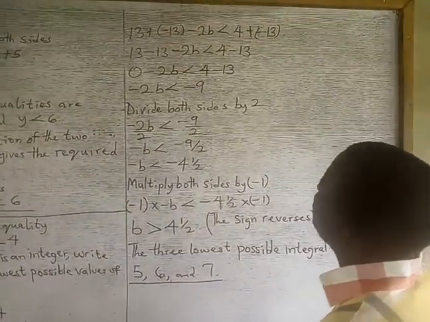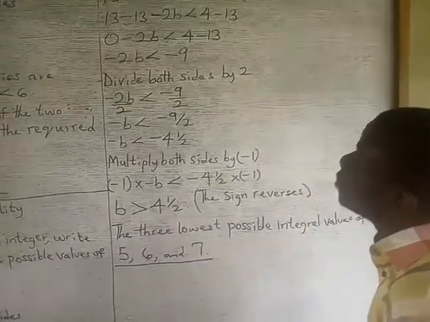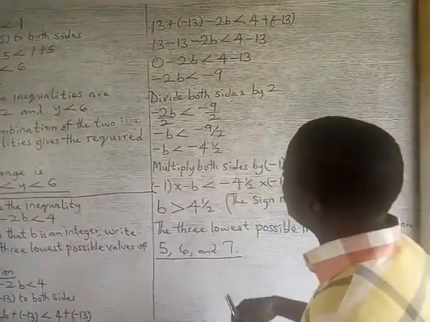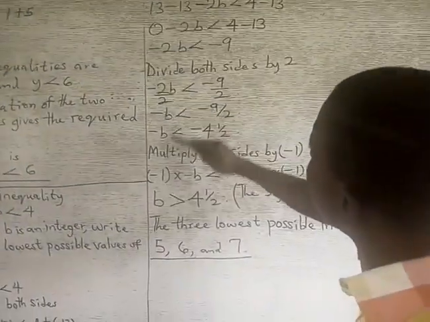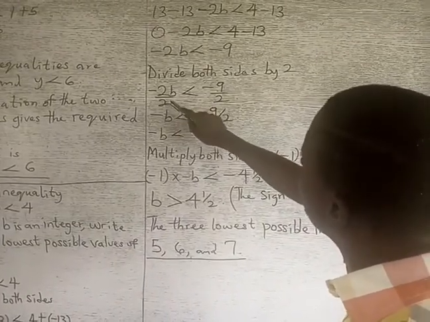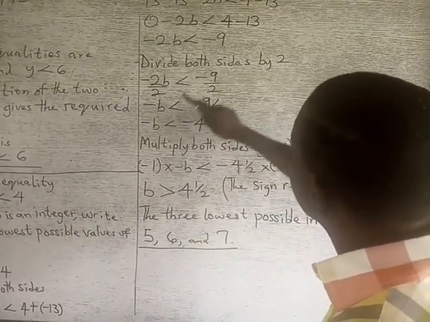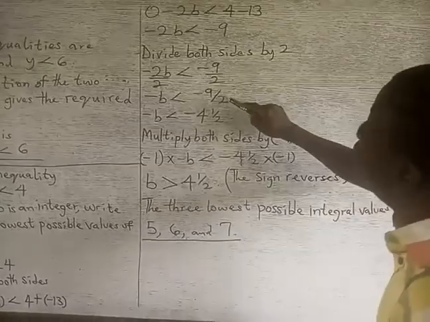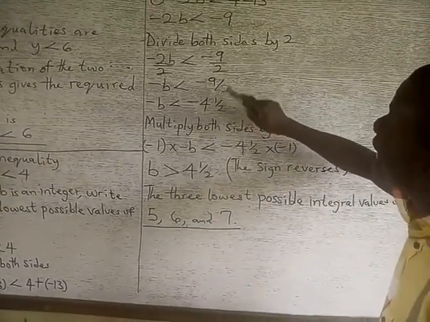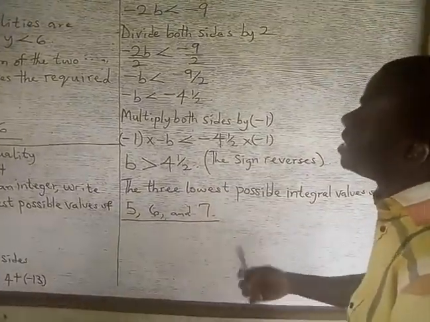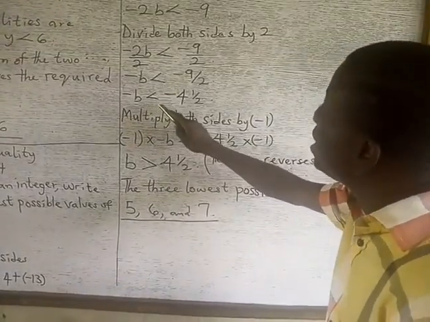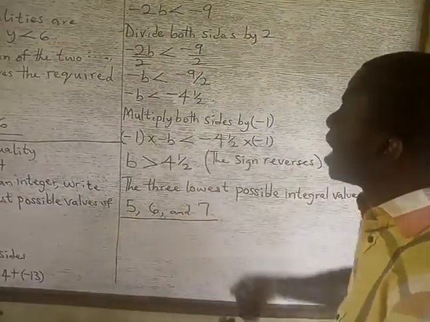Then we divide both sides by 2. Minus 2b divided by 2 gives minus b, and minus 9 divided by 2 gives minus 9 over 2, which reduces to minus b less than minus 4.5.